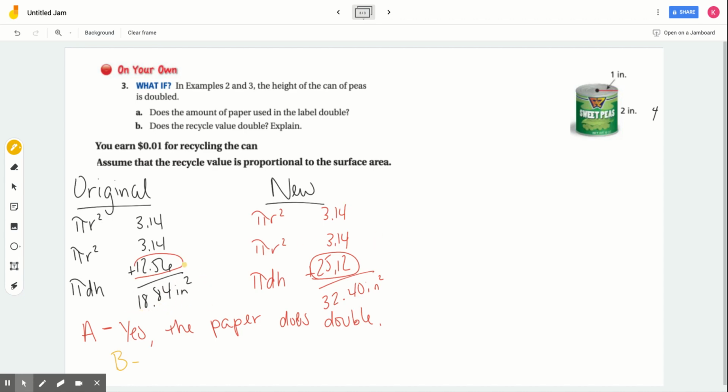But if we look, 18.84 times 2 is not 32.4. So since our total surface area does not double, our value will not double. So we can say that no, the value did not double since the surface area did not double or was not twice as much. And you could write a proportion to divide these to prove that if you were having trouble explaining it with reasoning.